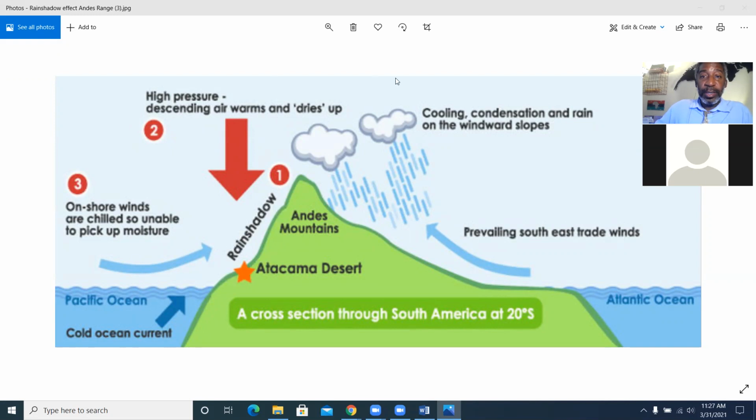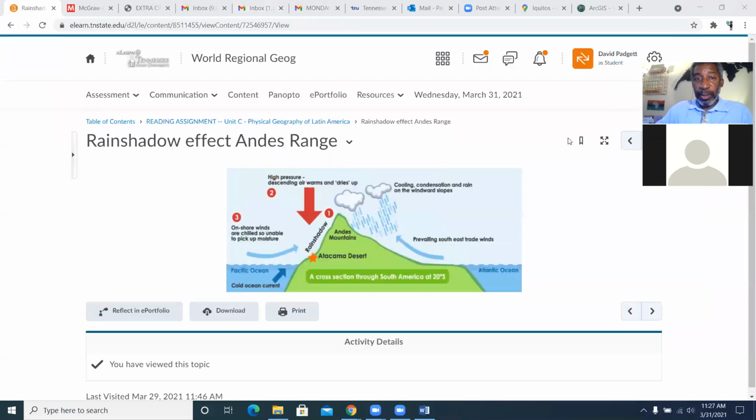And so this phenomenon is known as the rain shadow effect. So you essentially have the Andes mountain range blocking rain from reaching the side of the mountain where the Atacama Desert is. So that's just to review a bit of what we talked about last time.